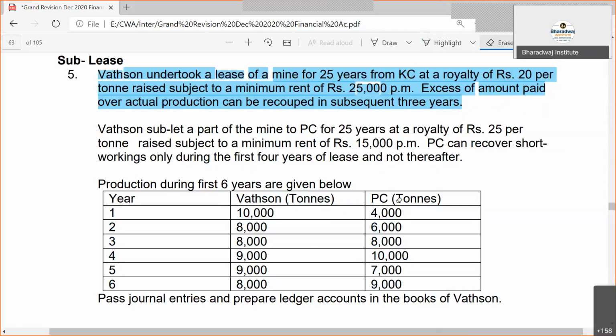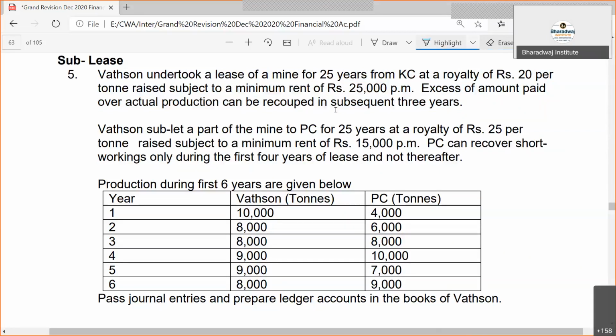One is a table showing royalty payable. Another one is a table showing royalty receivable. If you look at royalty payable, minimum rent is 25,000. Excess amount can be recovered in subsequent 3 years. Flexible recoupment. If you look at royalty receivable, short workings can be recovered during the first 4 years of the lease.